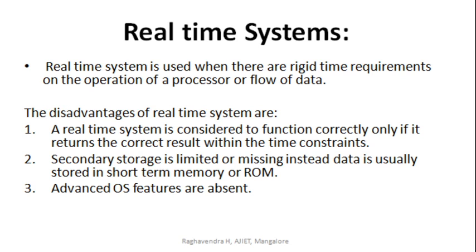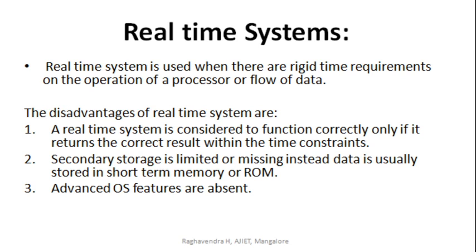Sensors bring data to the computer. The computer analyzes the data and adjusts control to modify the sensor's input. Systems that control scientific experiments, medical imaging systems, and some display systems are real-time systems.